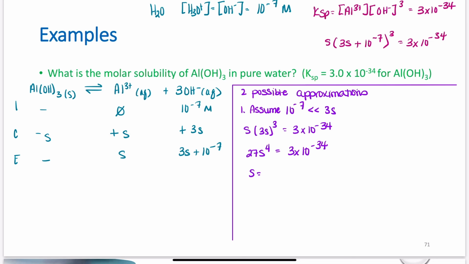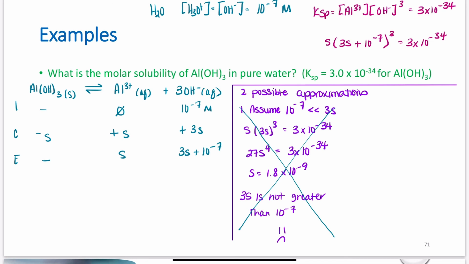And if we solve for S, this gives me 1.8 times 10 to the minus 9. Check your assumption. Nope, it does not work. 3S is not greater than 10 to the minus 7, which means I cannot use that approximation.